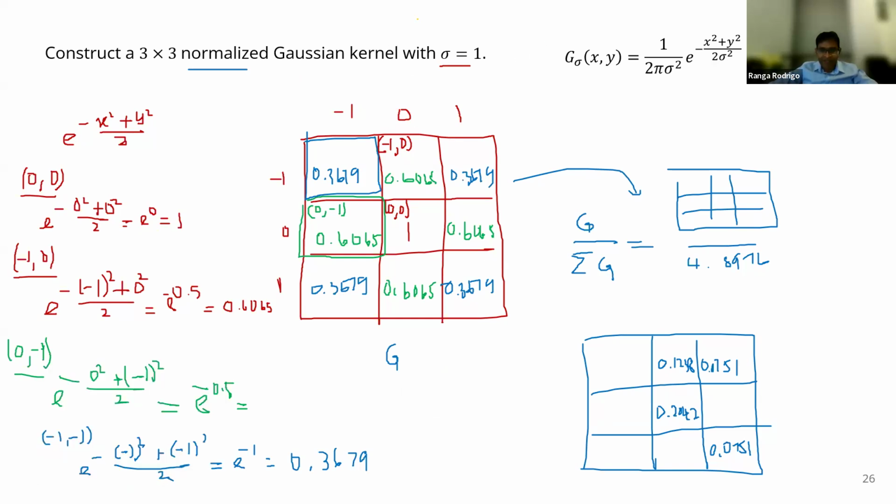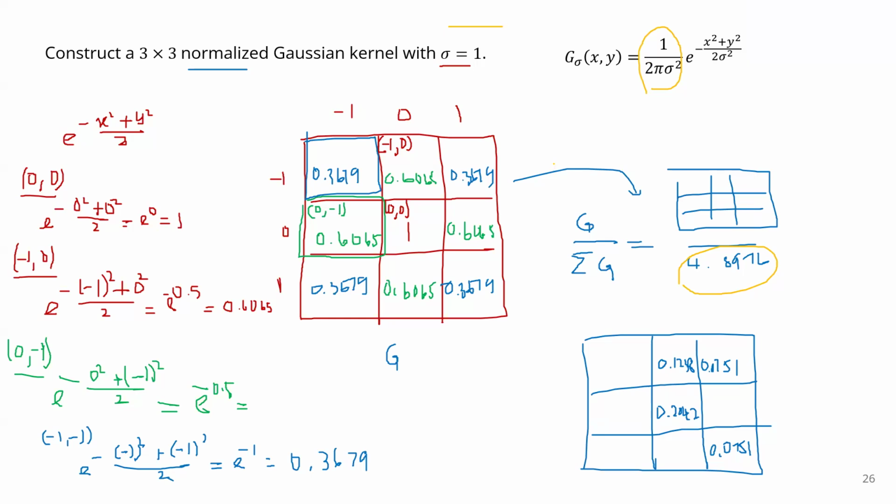This part we can ignore because we are normalizing by the sum of the kernel. Even if we multiply all of them by this number, you are dividing by it again. So it's okay.